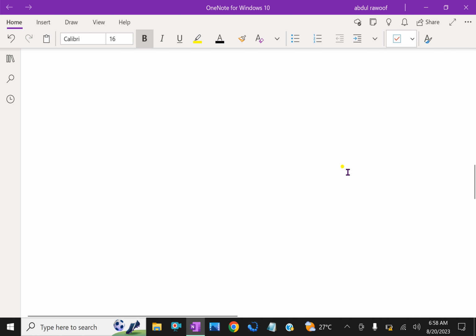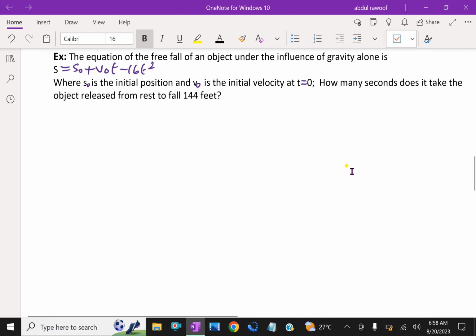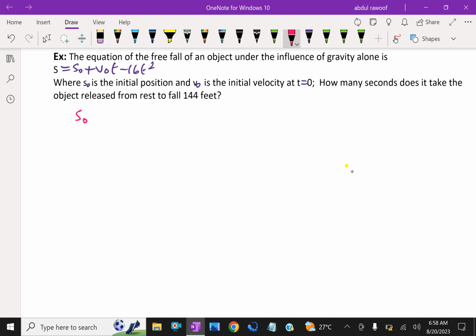Here v0 is 0, and at s equal to 0, because after falling, when the stone reaches the ground, the distance is s equal to 0. The initial time is t equal to 0.